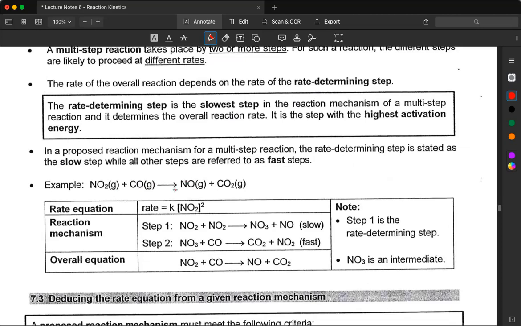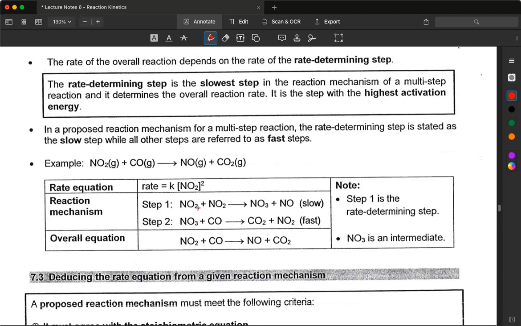So in a reaction mechanism, it's important to state which is the slow and which is the fast step. Like this, NO2 plus NO2 gives NO3 plus NO is slow. So this is the rate determining step, which has the highest Ea. Then step 2 is the same as the example I showed earlier: NO3 is consumed in the second step and doesn't appear at the end of step 2, so it will not be in the overall stoichiometric equation.